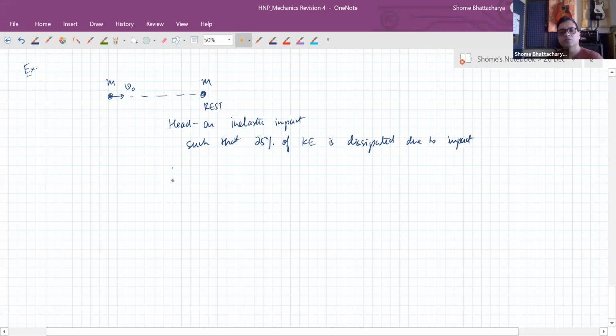So from this we have to find the final velocities, and we have to find the coefficient of restitution.